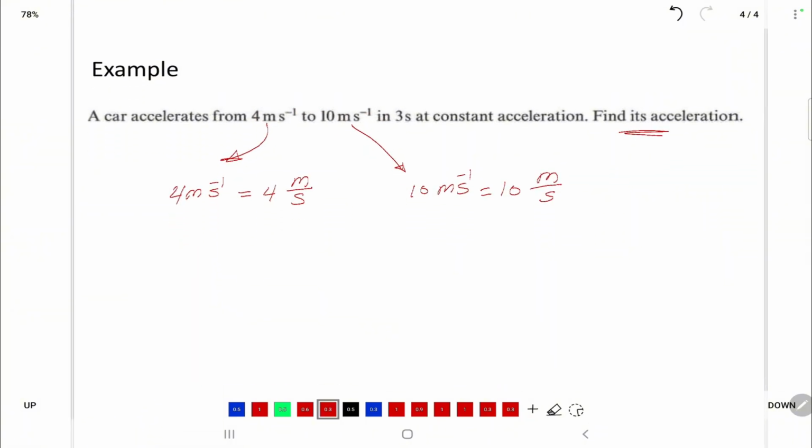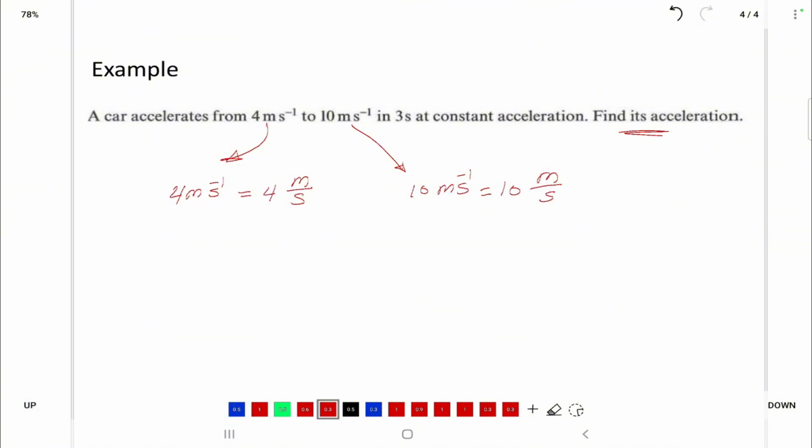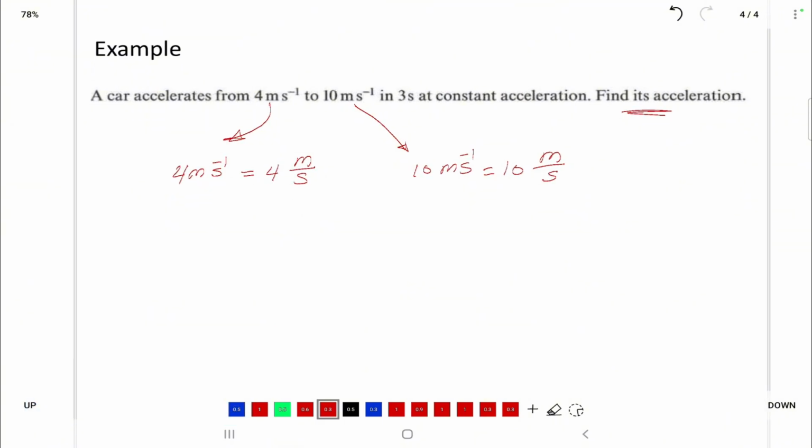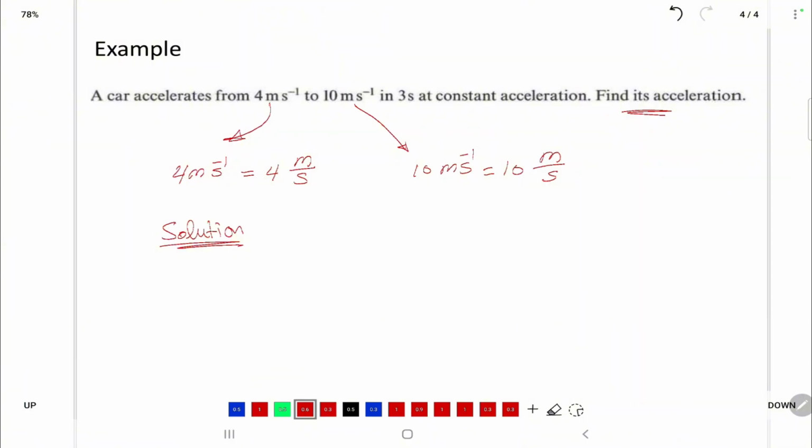Now, the acceleration may be computed. Solution: acceleration, denoted by a, is (v minus u) over t.